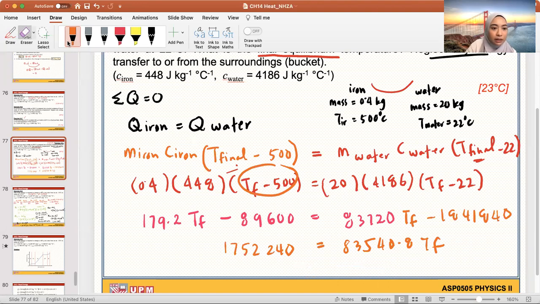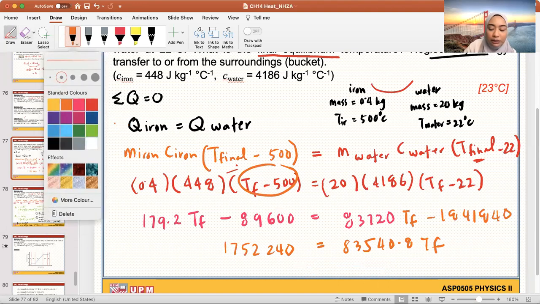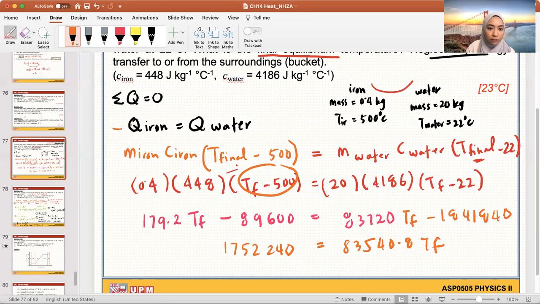Okay, that sounds reasonable sebab Q iron will need to release the heat energy. Q water will absorb, so it will become positive. Okay, let's try that. So if we put the minus sign here, just put the negative sign. Okay, so if you have the negative sign, terbalik je lah nombor dia.